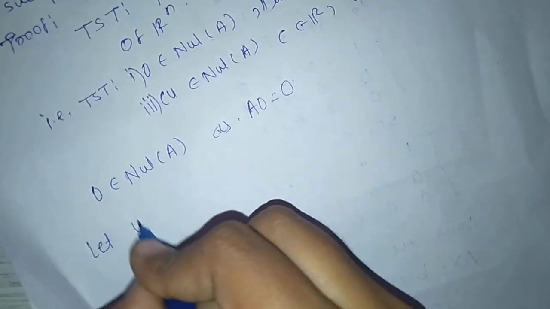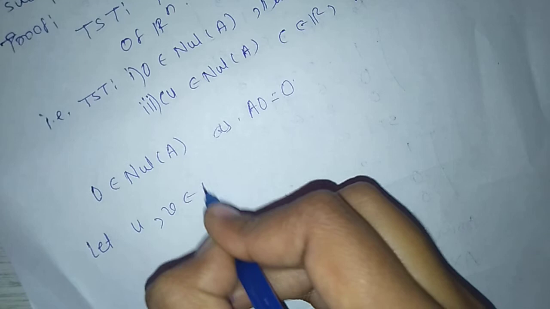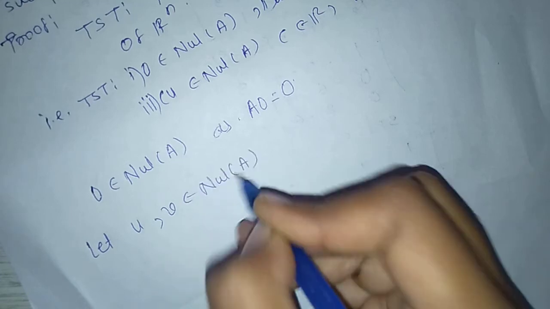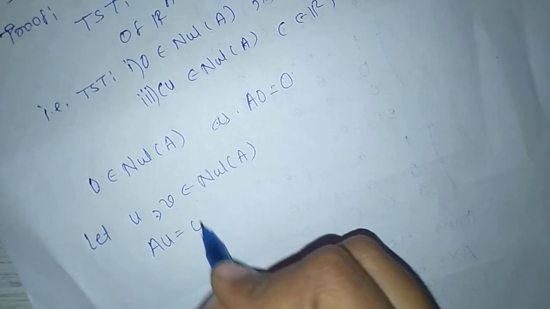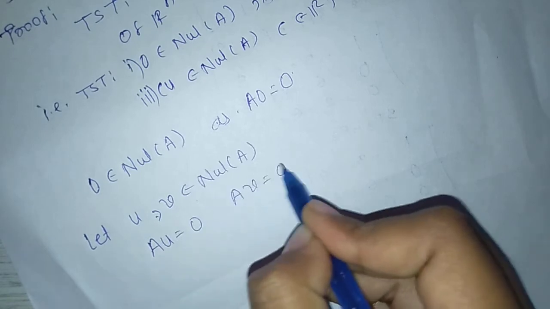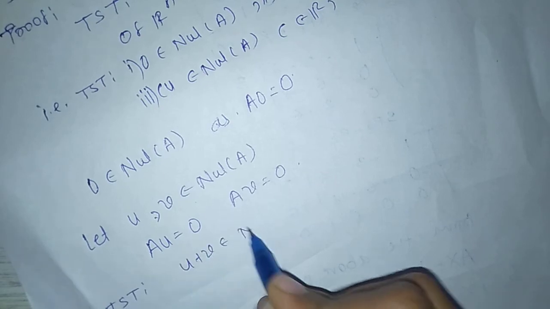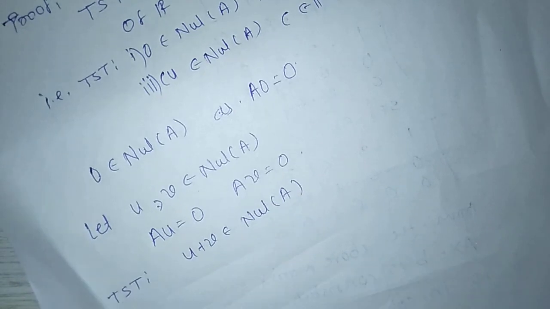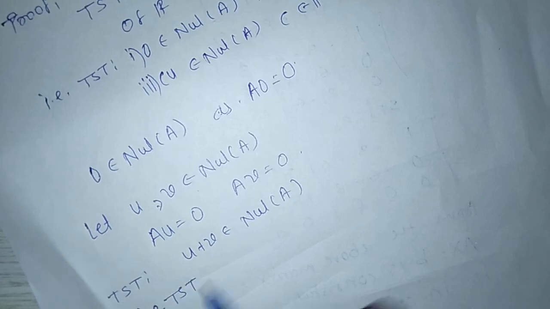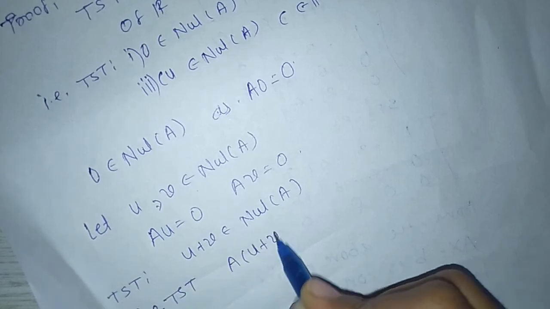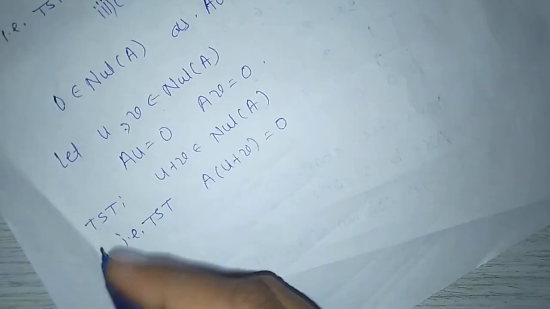Next, let u, v belong to the null space of A. That means A u equal to 0 and A v equal to 0. Now to show that u plus v belongs to the null space of A, we have to show that A times (u plus v) equal to 0.